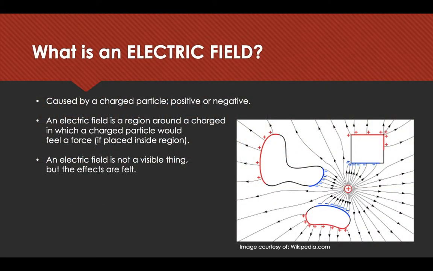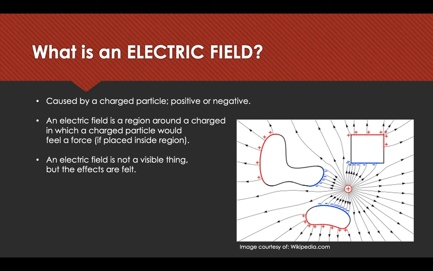So, an electric field, as I love how Crash Course explains it, they say a measurable effect generated by any charged object. So it's measurable and it's an effect that one charged particle has on another. I like to think of it as a region around a charged particle in which another one would feel a force.